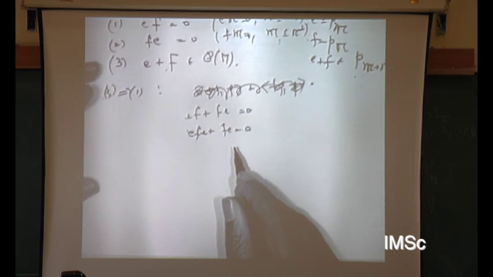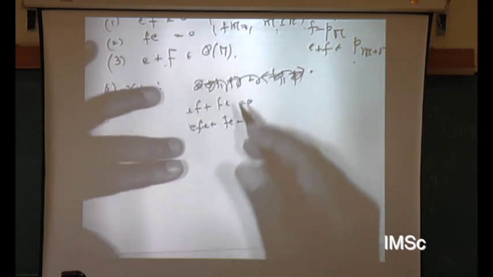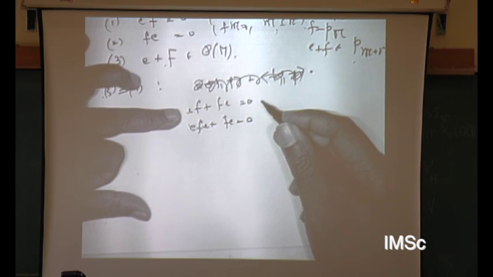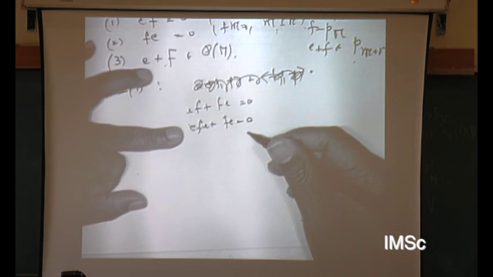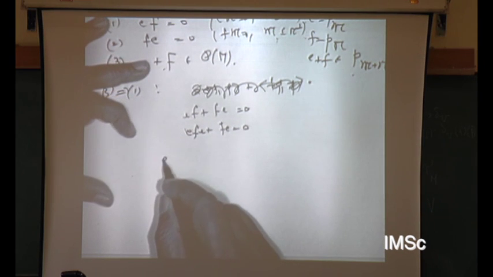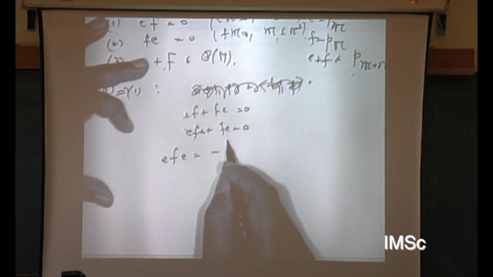Okay, if this is true, multiply this equation on the right by E. Then you get EFE plus FE equals 0. Right? That will mean that EFE equals minus FE.